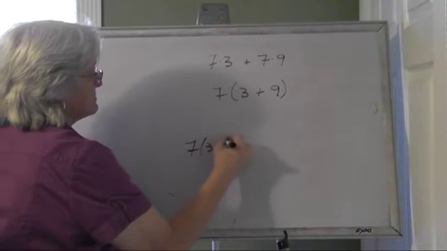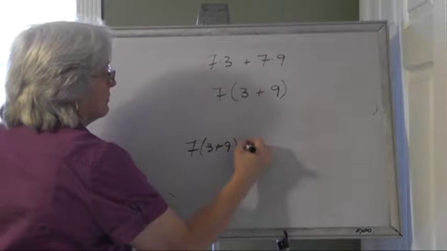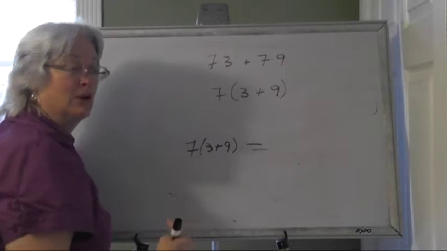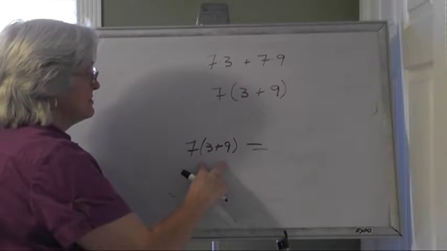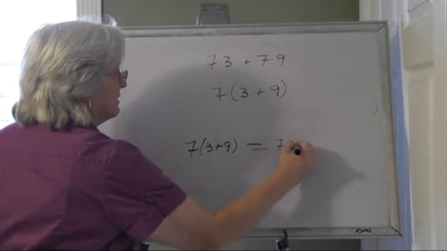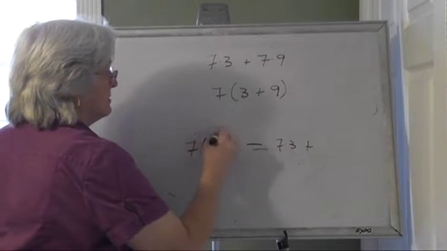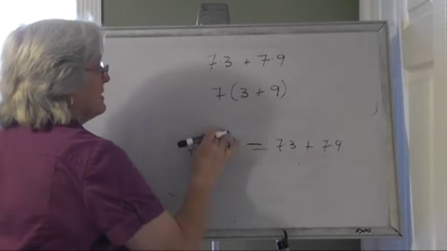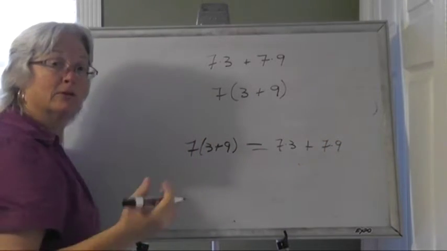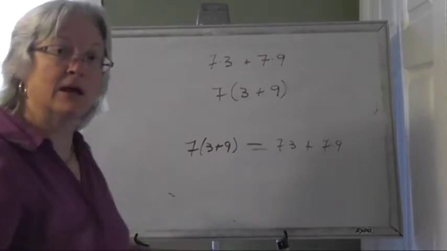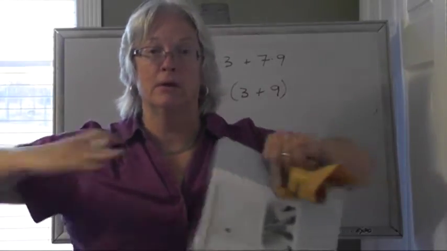I think at this point it would have been very easy, just from watching this little lecture, even if you didn't already know, to say, oh, this is the distributive property, so I can go 7 times 3 plus 7 times 9. But it may be a little more challenging to realize that you can go in the opposite direction. Remember what I've said about equal signs?